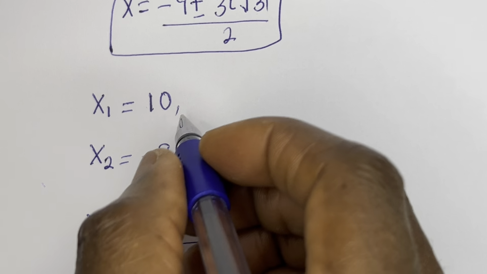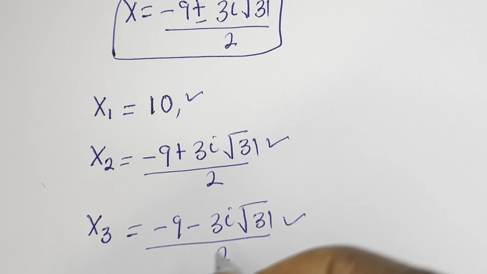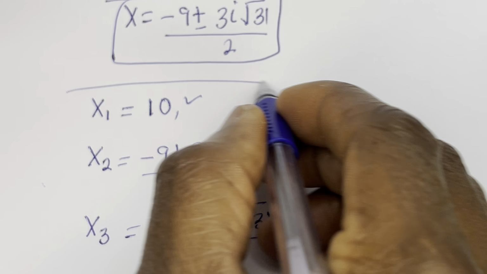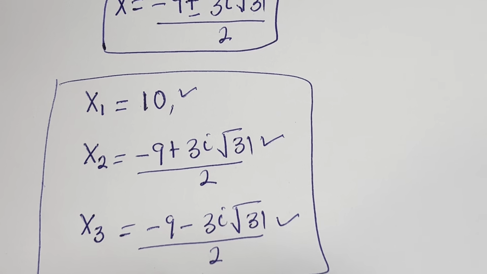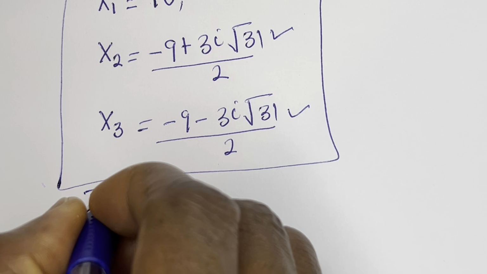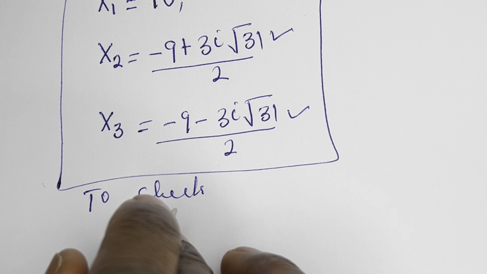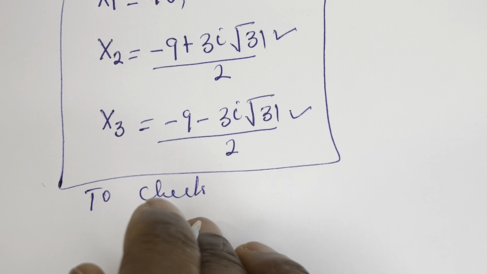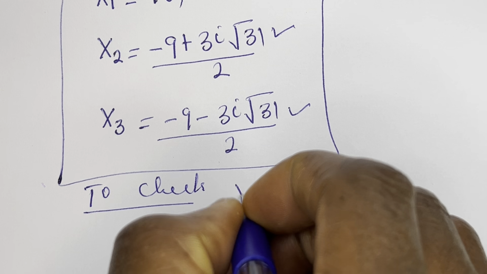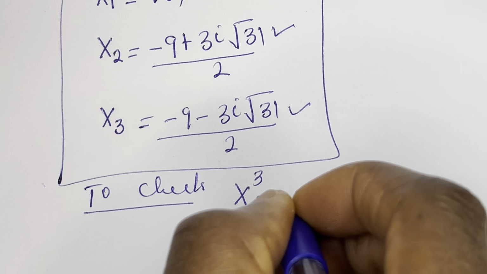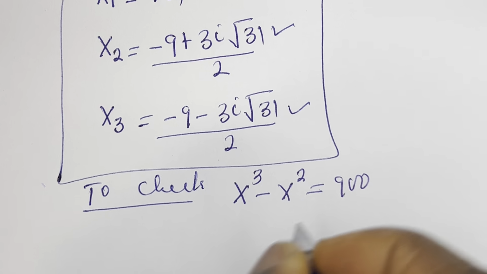You can see that here we have only one real solution and then two complex roots. I hope this is the final answer. We may check to confirm if this answer is right or wrong. Let's check. To check, we have the given equation, s to the power of 3 minus s squared is equal to 900.